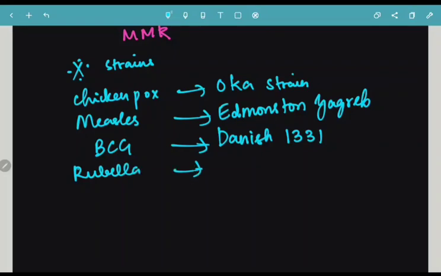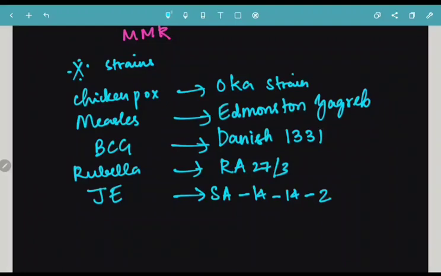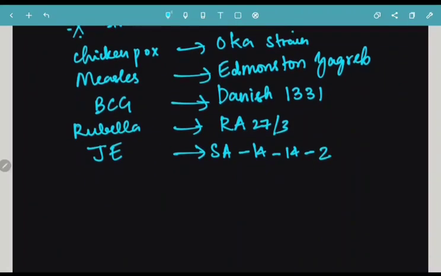In rubella we use the RA27/3 strain. Then in Japanese encephalitis, the SA1414-2 strain is used.